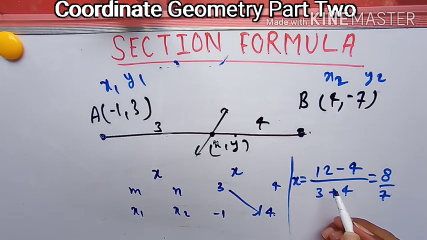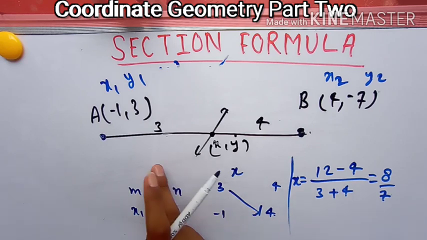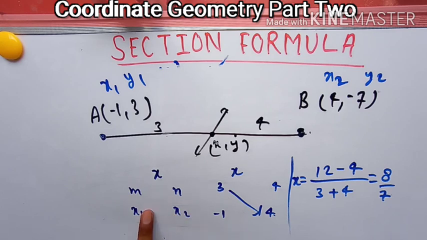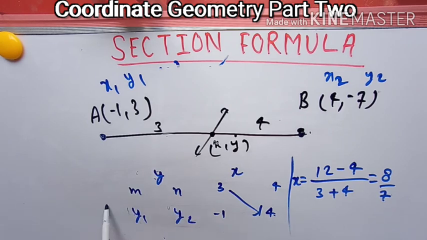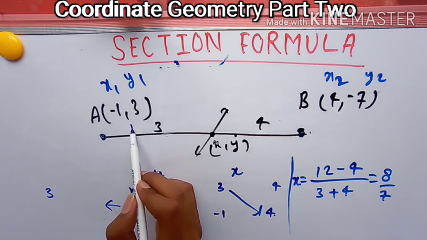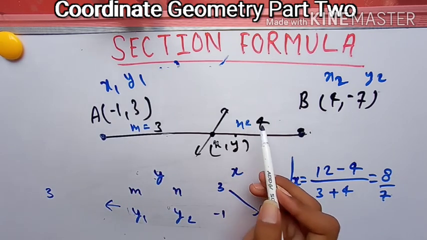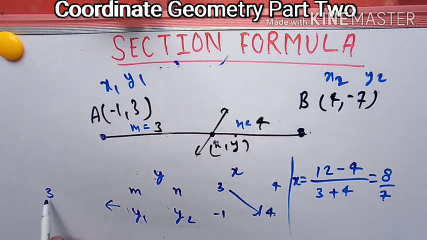Understand? Now I am moving to the y coordinate. For the y coordinate you have to write the same thing. So I am erasing this, this and this, in place of which y1 and y2 will come. Now look this side. The value of m is 3. This is m, this is n. The value of m is 3. Very good.